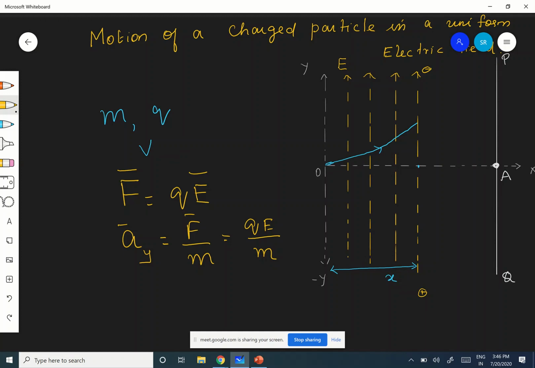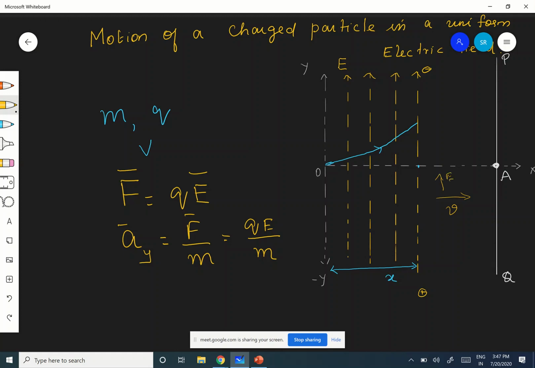But before the application of the electric field, the particle was moving along the X direction. So it has already its speed in the X direction. But the speed will not be influenced by this electric field, which is applied in the perpendicular direction. It is moving with a velocity v like this, but your electric field is in this direction.